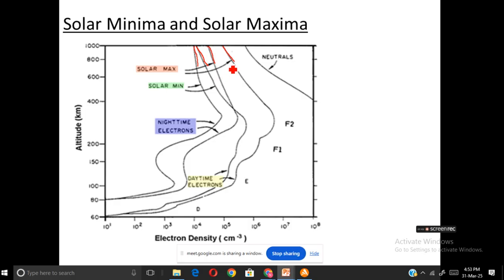Both daytime and nighttime are also there. So when there is solar minimum, that is this one. Solar minimum daytime is this line.